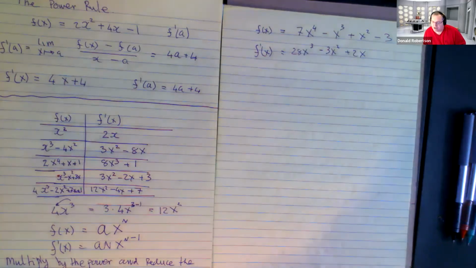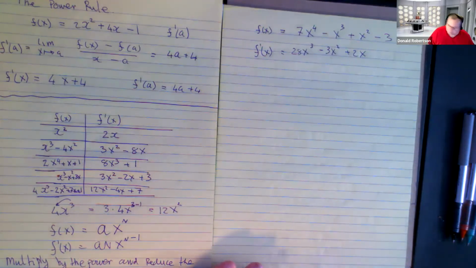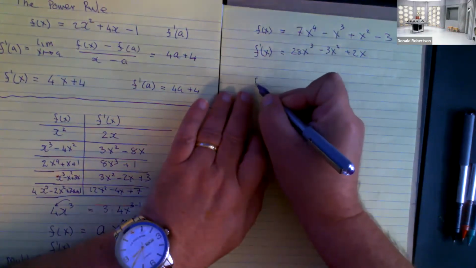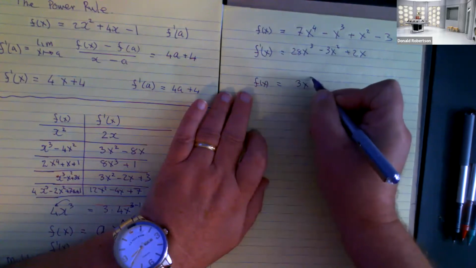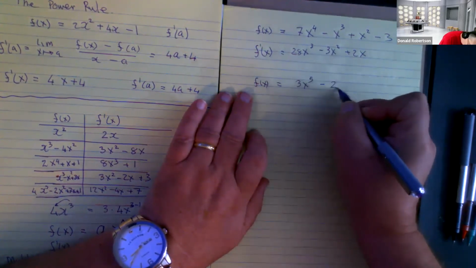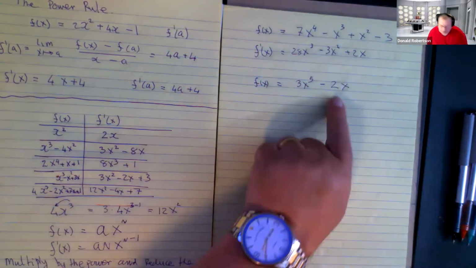If you have an equation that finishes with plus 7, the derivative of plus 7 is 0. Nothing at all. You can basically ignore it. Now, the second situation is this one.